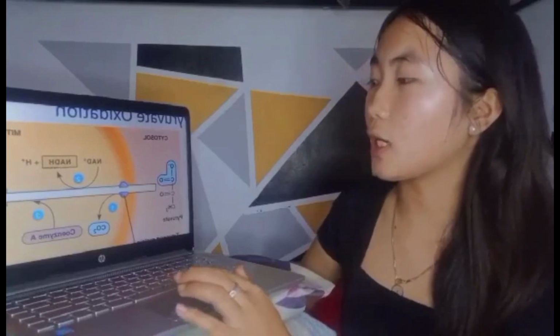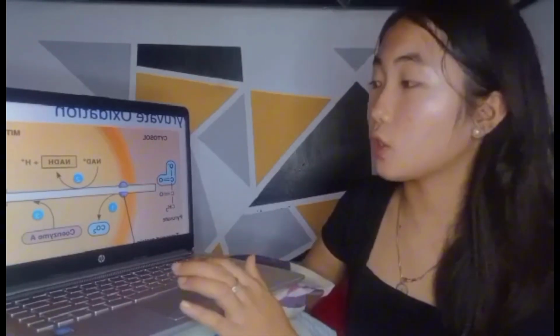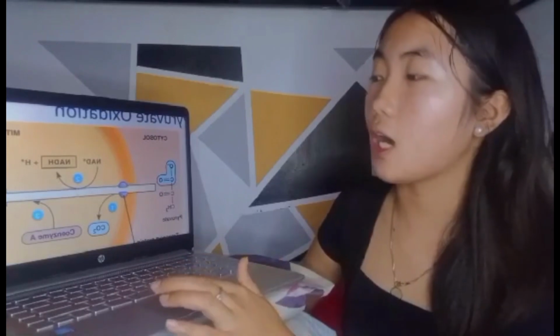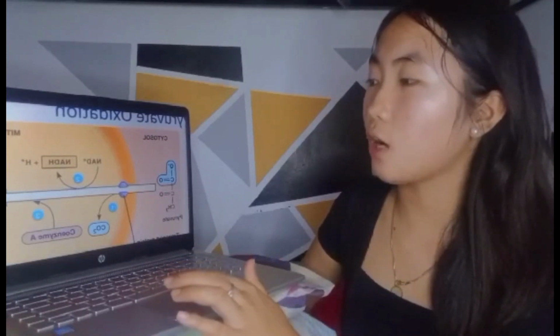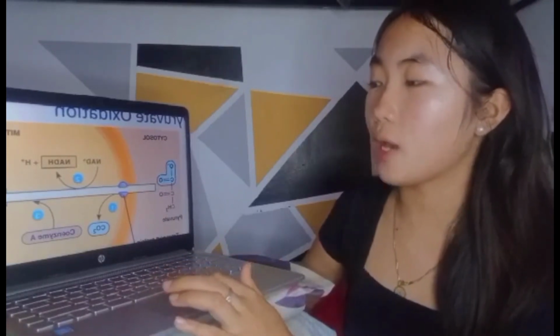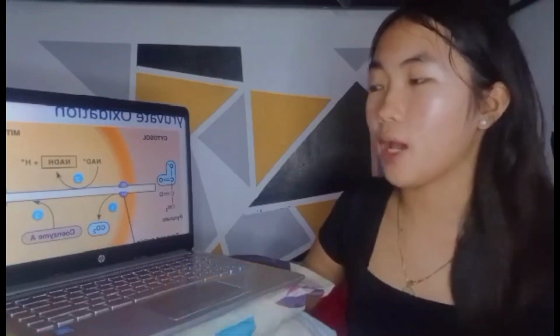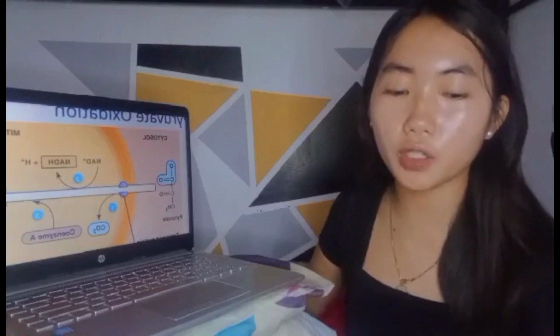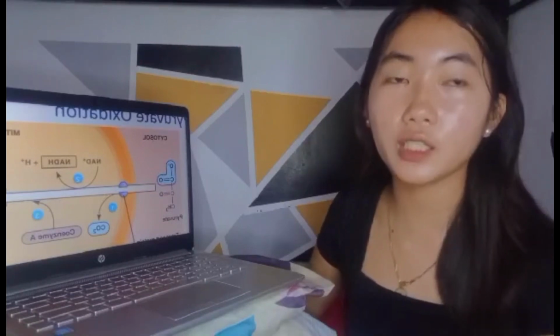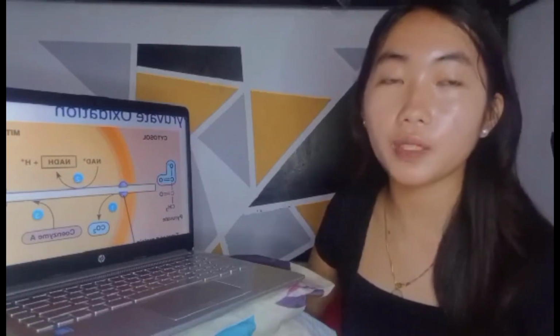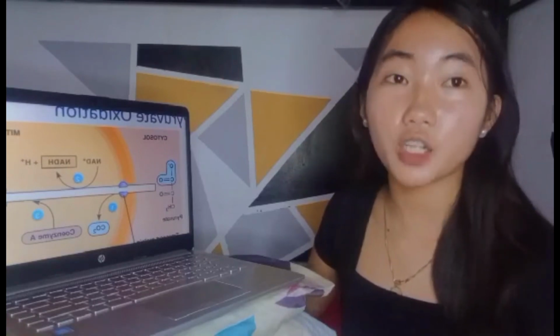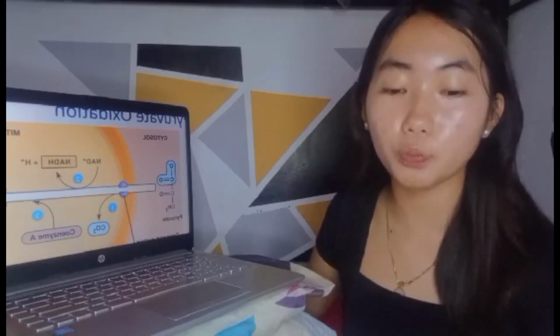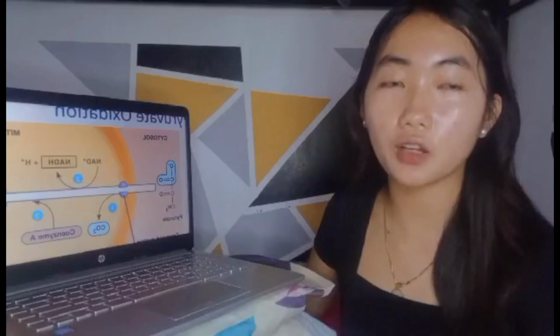So now the decarboxylated molecule that was oxidized will stay here or be carried by coenzyme A. So what is coenzyme A? Coenzyme A is a vital molecule that is involved in numerous biochemical reactions and protein, carbohydrate, and lipid metabolism. Its main function is to carry acyl groups such as acetyl thioesters.